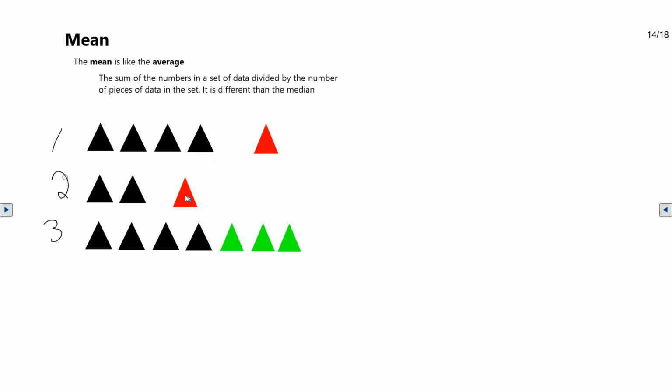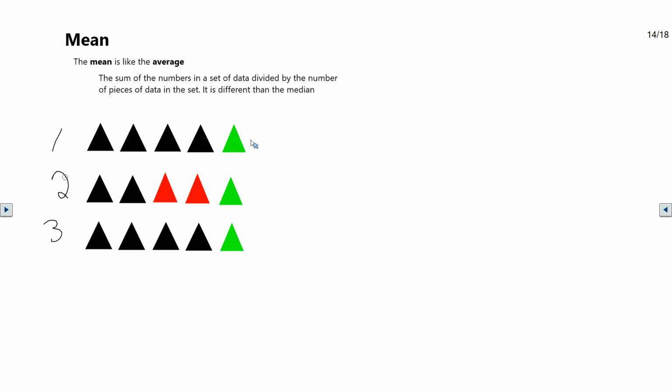So what if I move this red one down here? And what if I move this red one down here? Well, now I have 2 sets that are the same, but I still have all these over here. So what if I shared my green across? Now they all have the same.